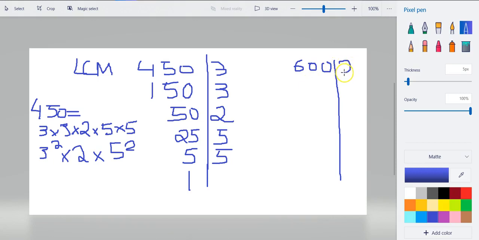We know that 600 can be divided by 2, and this will give us 300. Again, we can divide by 2, and this will give us 150. We could divide by 2 over here and get 75.